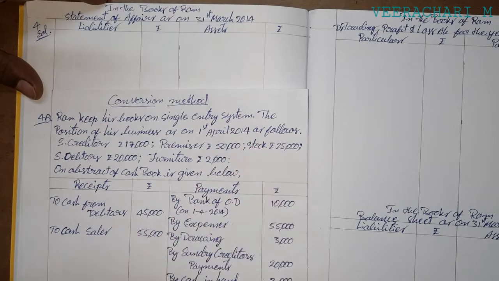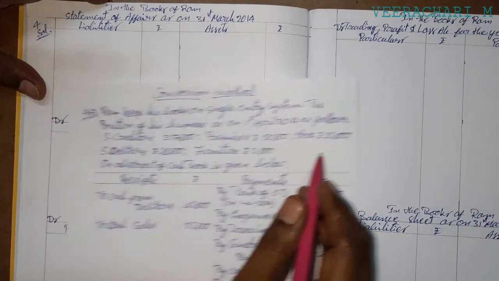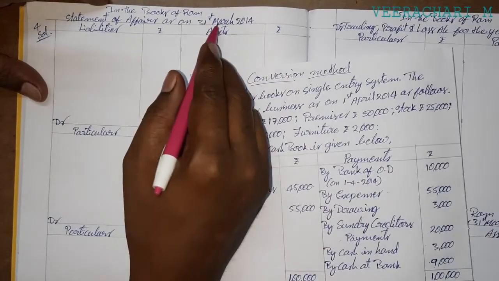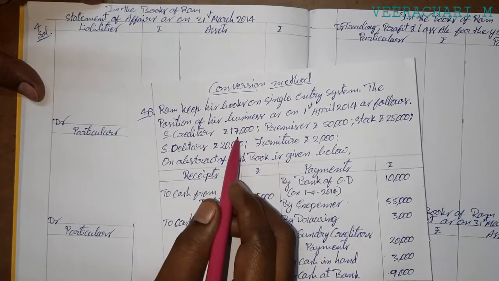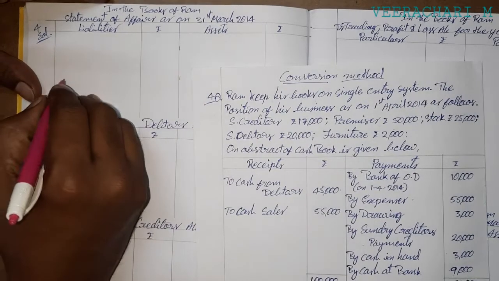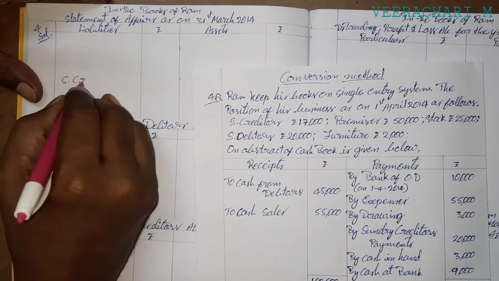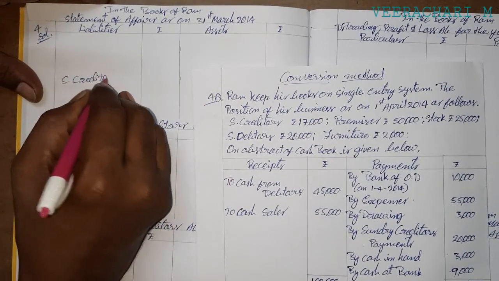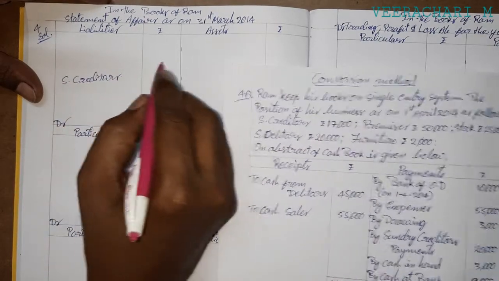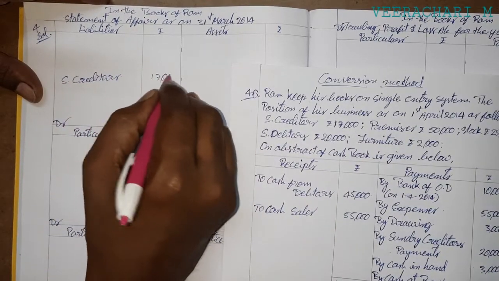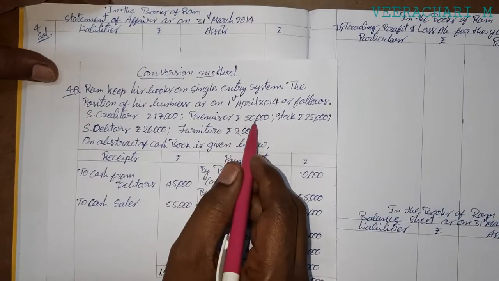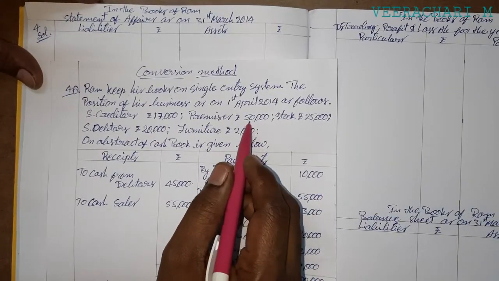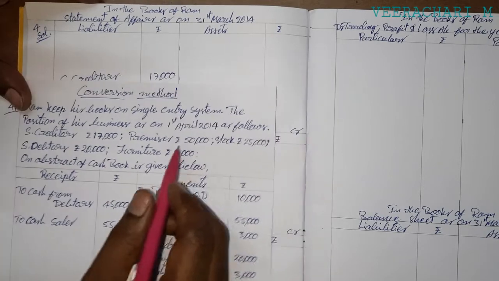That is creditors 17,000, on the credit side, sundry creditors 17,000 rupees, and the premises 50,000 rupees. Premises 50,000 is an asset.